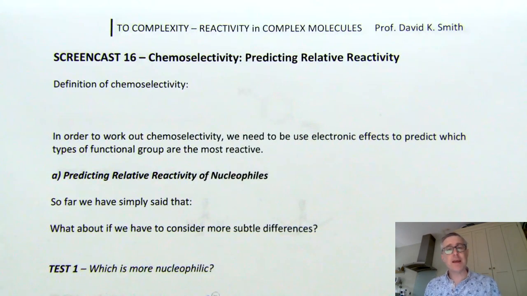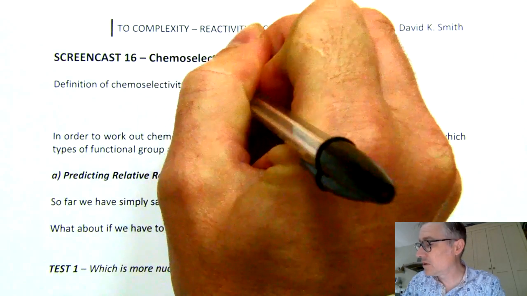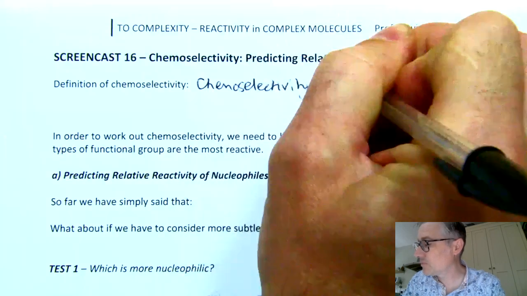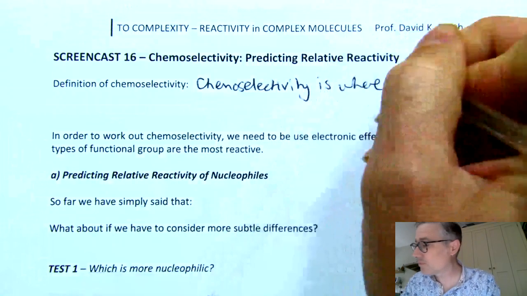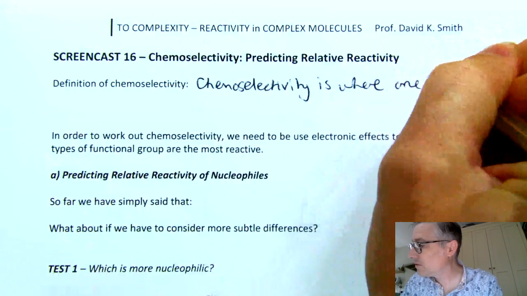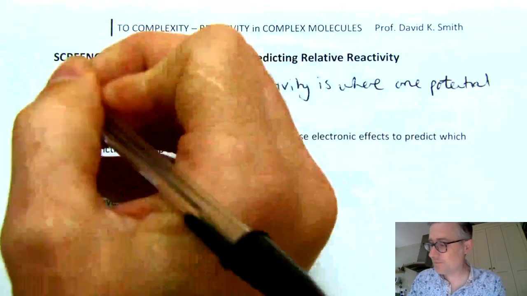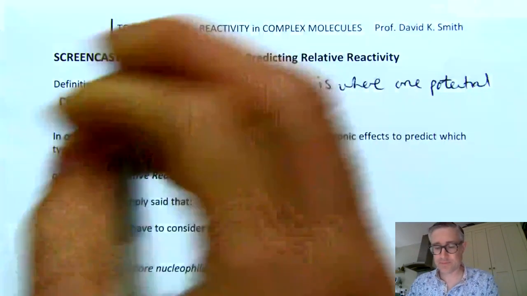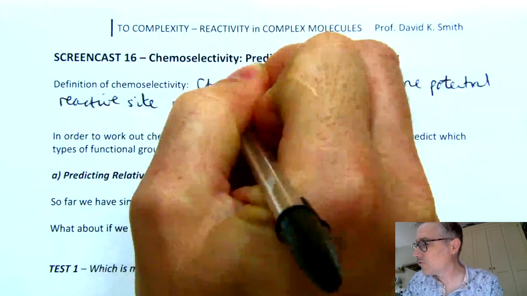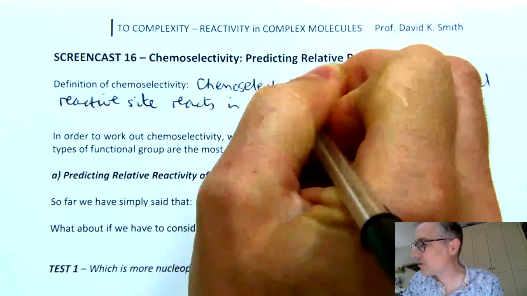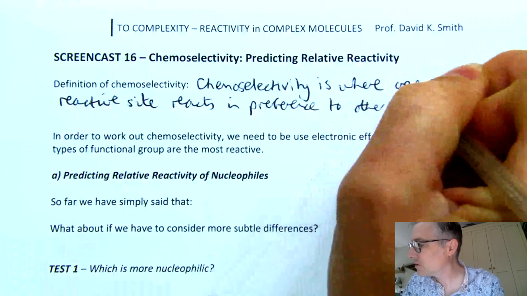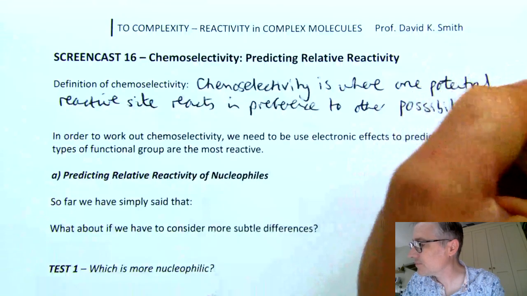So to start this process, we need to define a key principle, and that is chemoselectivity. What do we mean by the chemoselectivity of a molecule? Well, chemoselectivity is where one potential reactive site reacts in preference to other possibilities.